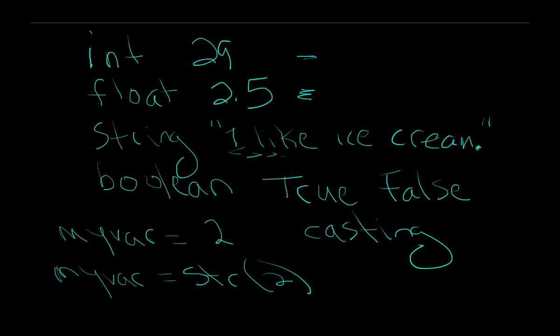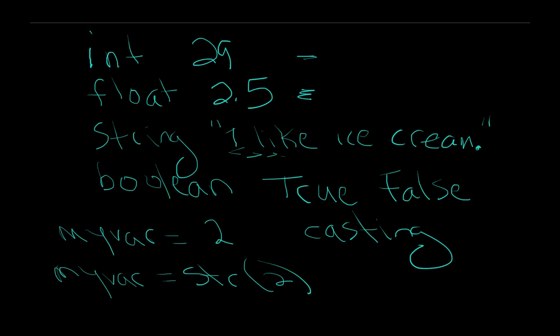The str, with the parentheses, is actually a function. We're going to learn more about the built-in functions that we can use in Python, and these casting functions are the first ones we're going to see. If you want to turn something into a different data type, we have to use a casting function.